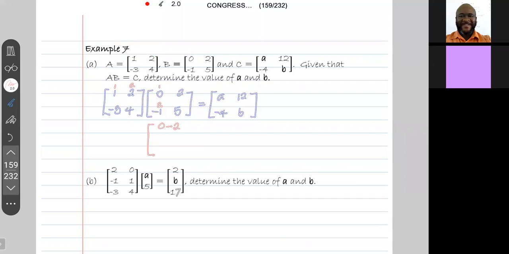So I just multiplied the top row by the left column. Whenever we multiply a row by a column, we get an element in the answer. Multiplying the top row by the left column gives the top left element in the answer. Next, I'm going to multiply the same top row, but this time by the right column.